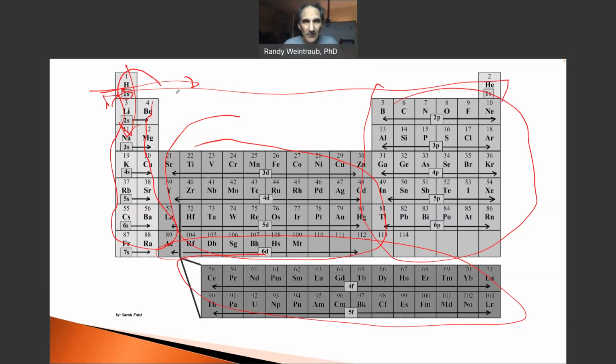But we have 8 main groups, and they are 1, 2, jump across here, 3, 4, 5, 6, 7, 8. These are the main groups, also known as representative groups. We can predict and talk about the elements in these main groups with much more confidence and predictive power than the other groups, the transition metals in the middle, which are less predictable than the main groups.